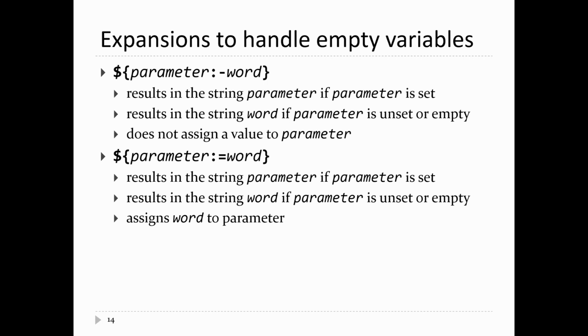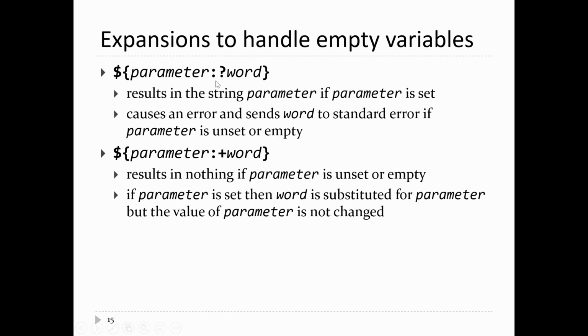If it's not set or empty, then that expansion produces whatever's in word, and then it assigns word to the parameter. So that's the one you want to use when you have a variable that's possibly empty or not set, and you actually want to give it some default value. So that one's handy.